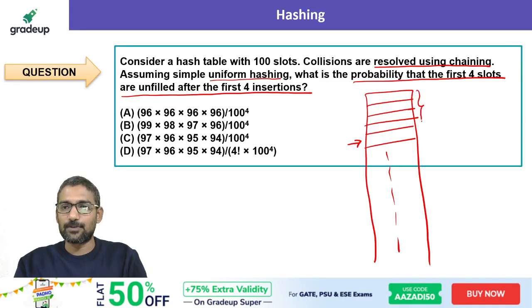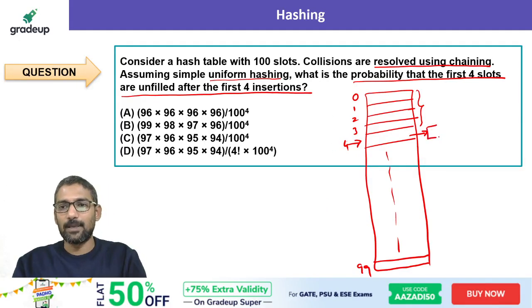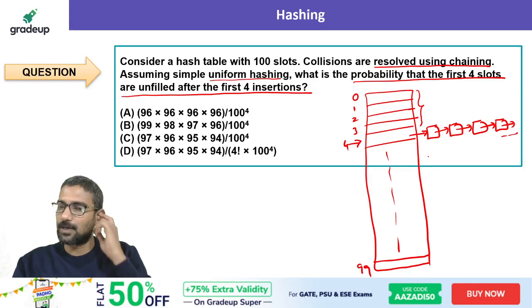These first 4 slots you should not fill, and here you have a total of 100 slots, and it is a chaining method. Chaining method means all can be in one slot also, right? There is no limit in the chaining method. One slot can maintain all keys.